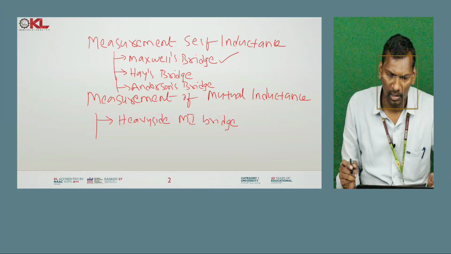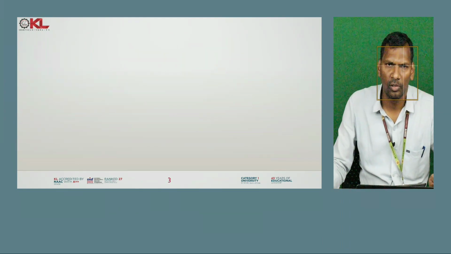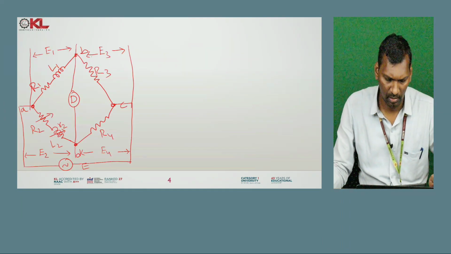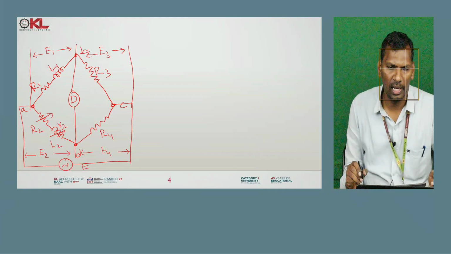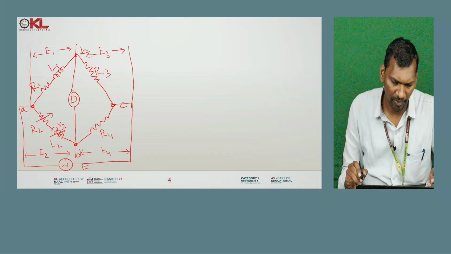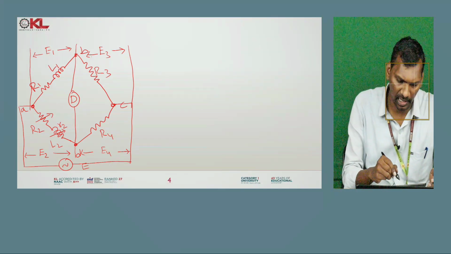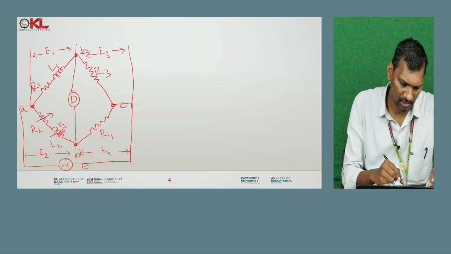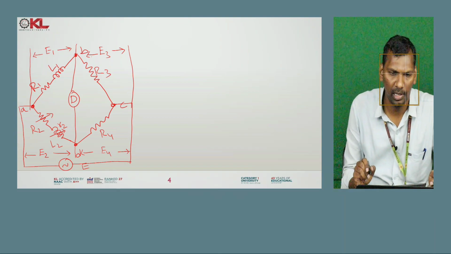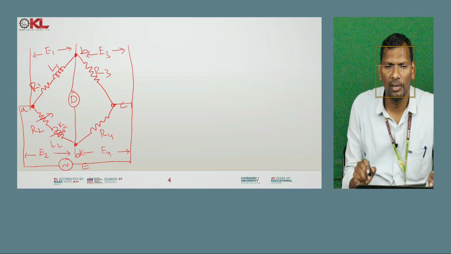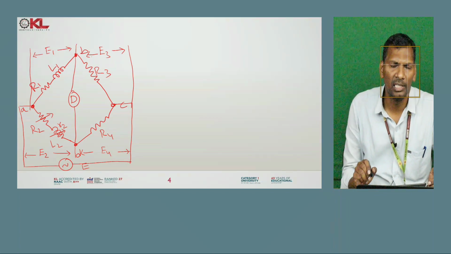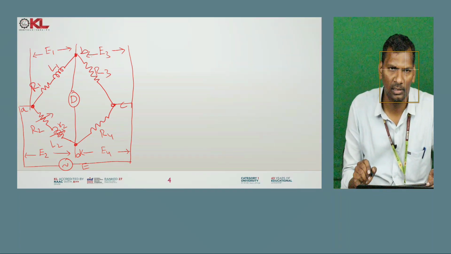Okay. Now, according to our discussion, this R1 and L1 has to be measured, which is connected between the points A and B. In this method, the unknown inductance is measured by comparing it with the standard inductance.